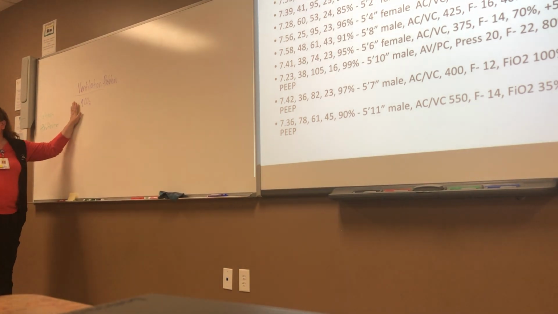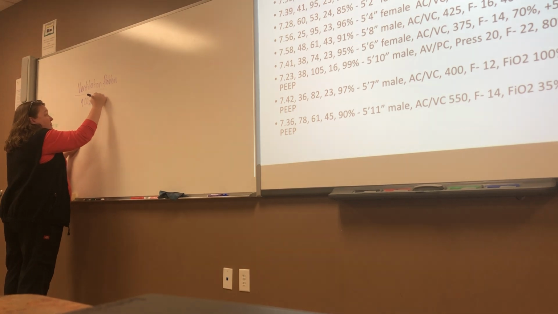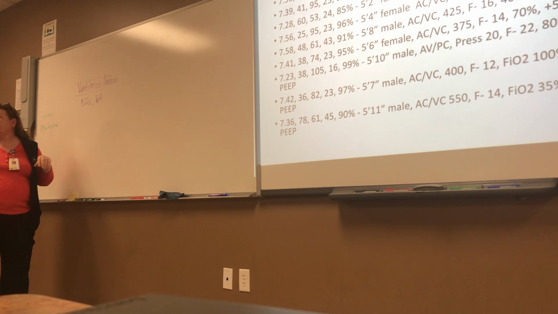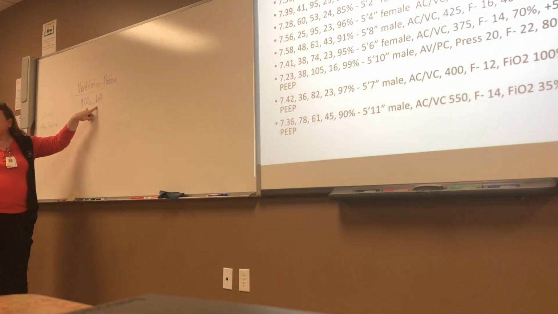So a ventilation problem means a patient with a high CO2 and a low pH, because I don't care if it's chronic. If it's chronic, I'm going to leave it alone. So we're not ventilating properly, right? pH is low, CO2 is high.